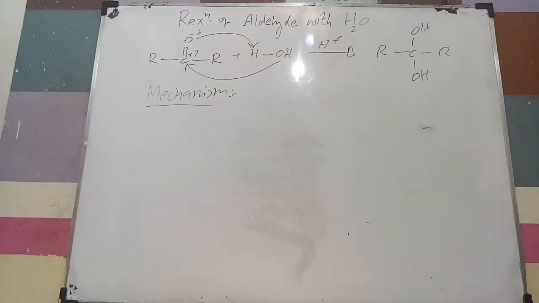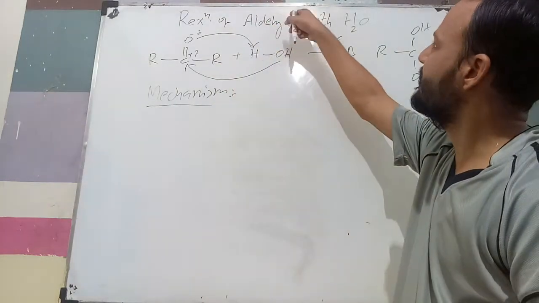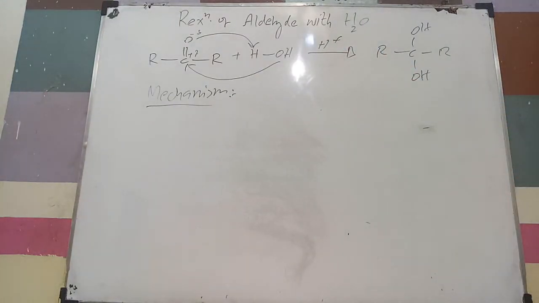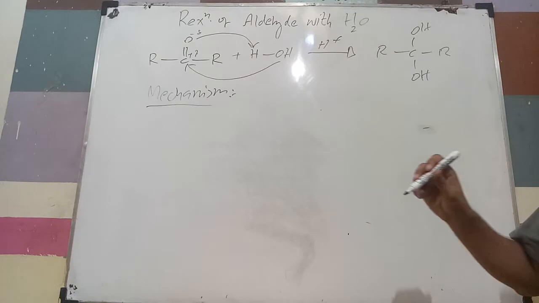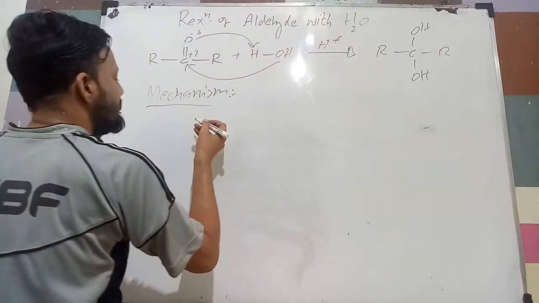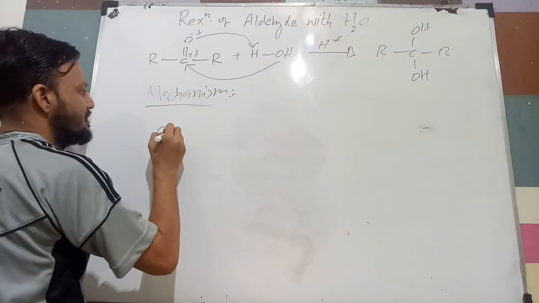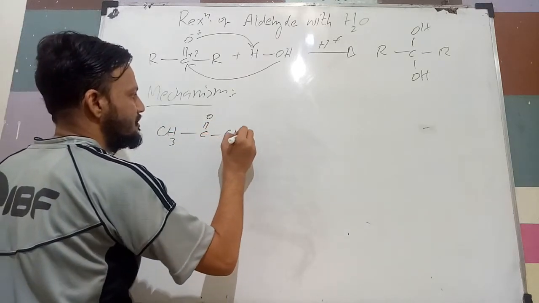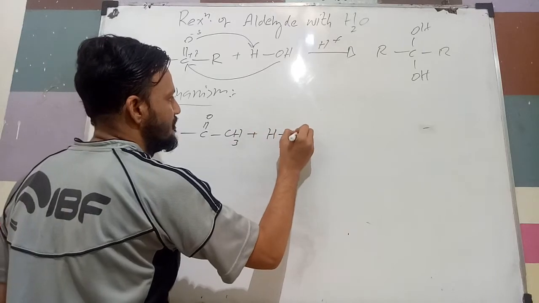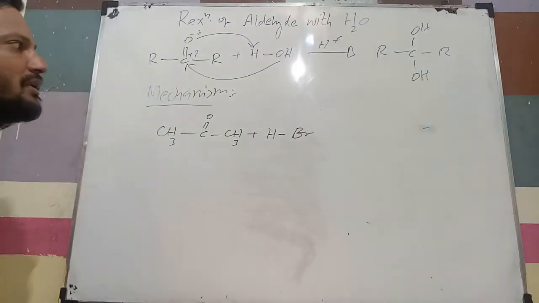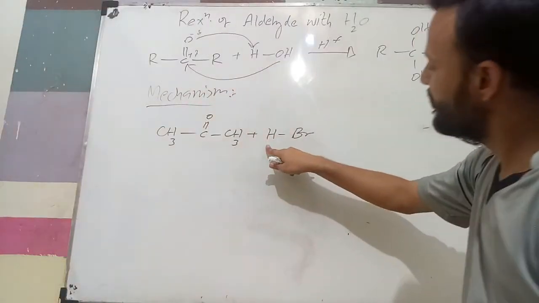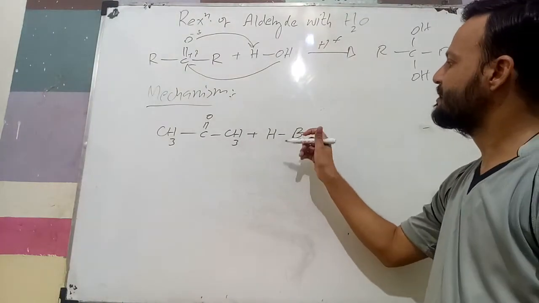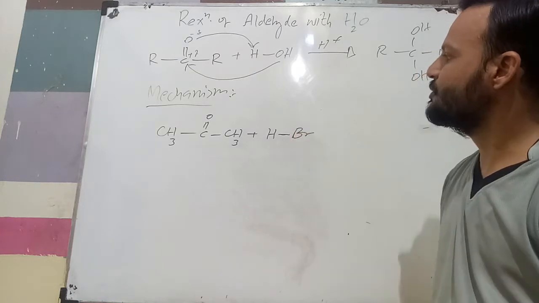It starts with the reaction of aldehyde or ketones with acid. In this case, you can use any acid like HBr, hydrogen bromide. You can use HCl, HF, or hydrogen iodide, but HBr is the most proper acid we use in this section.